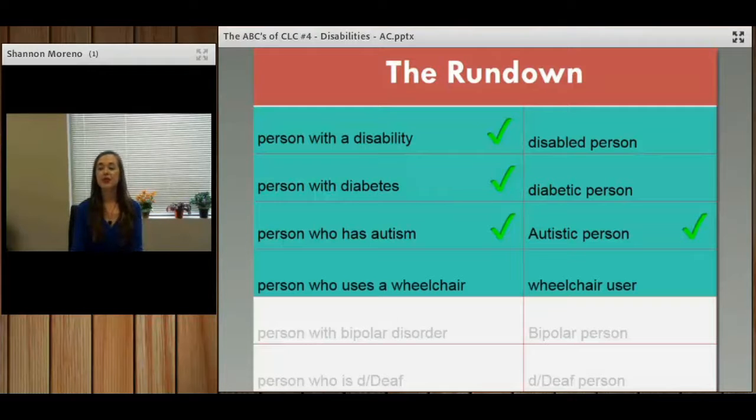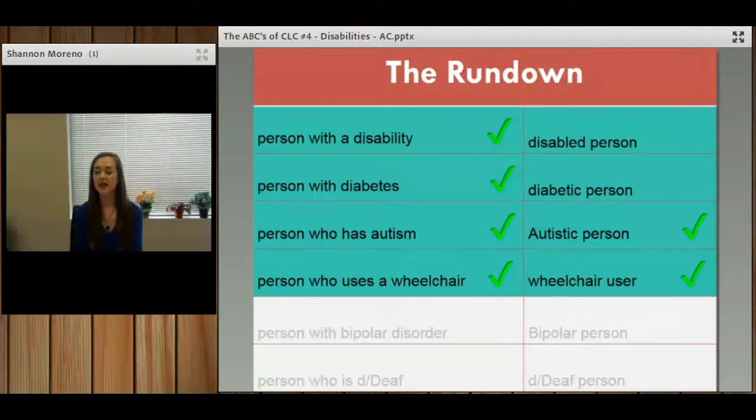Next, a person who uses a wheelchair versus a wheelchair user. For this one, again, it could really be both. Remember what I said before, however, about identity first language having, when it comes to larger programs and organizations, more potential for conflict or for offense than person first language does.